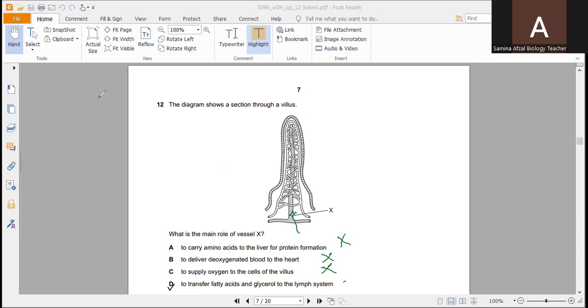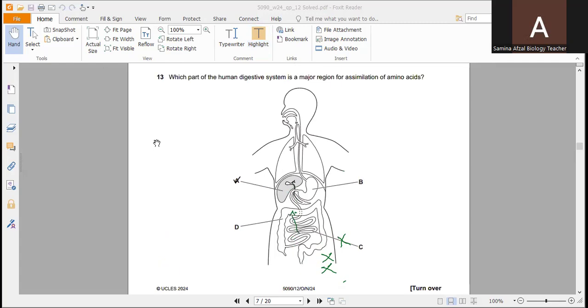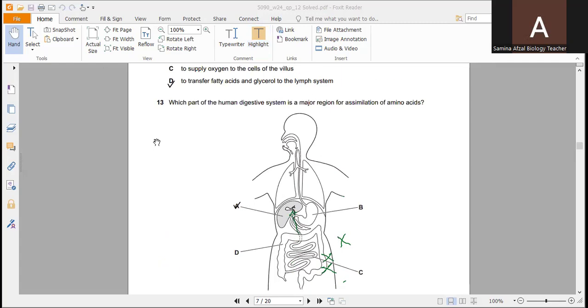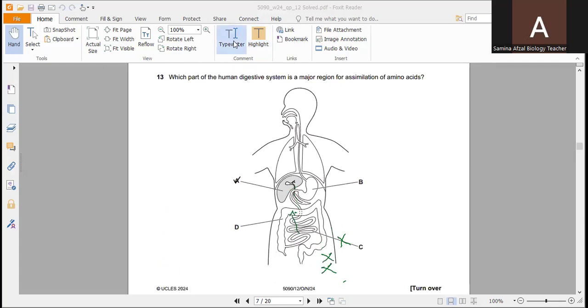So only D is the correct option in this case. The only major function is the uploading of glycerol and fatty acids.